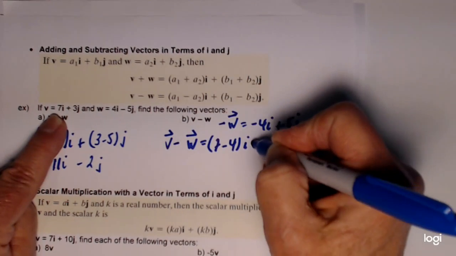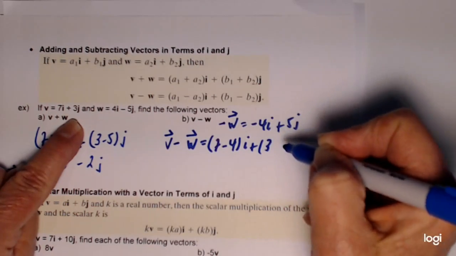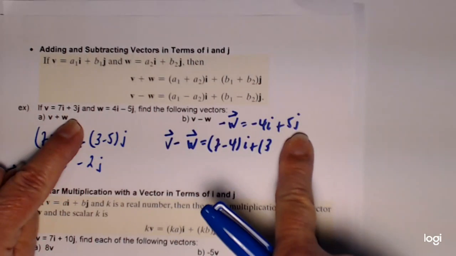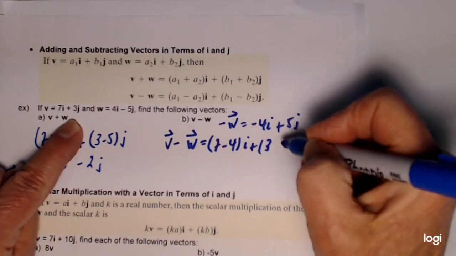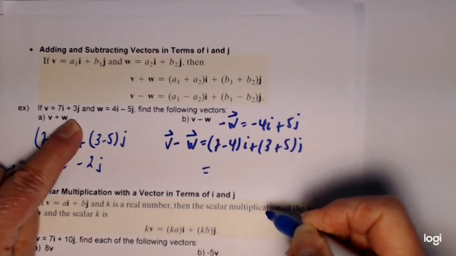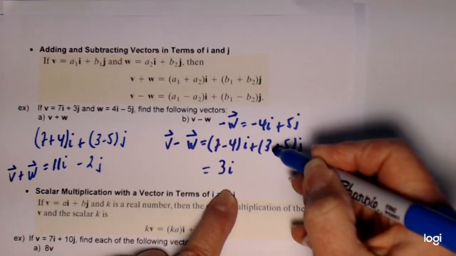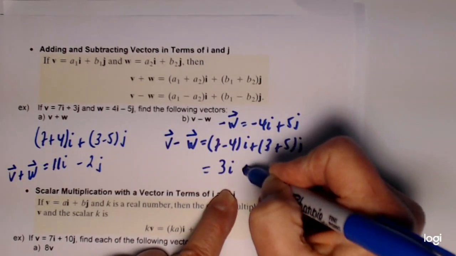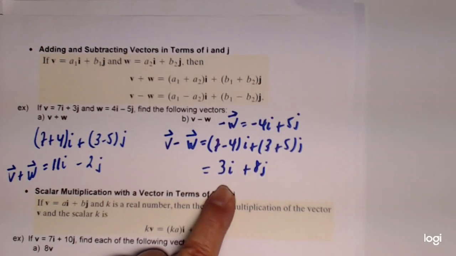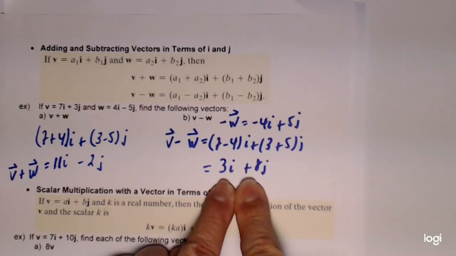And for our j information, it's going to be 3, and now we're not going to use w because we're doing a subtraction, it's going to be 3 plus 5j. So finishing this up, 7 minus 4, we have 3i, and then 3 plus 5, we have 8j. So this would be the resultant vector.